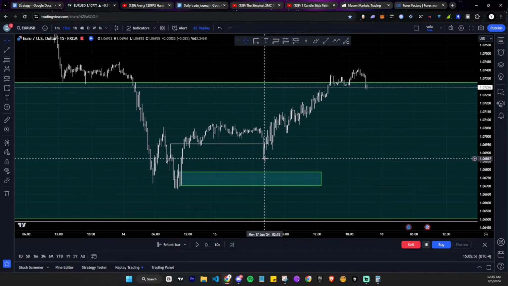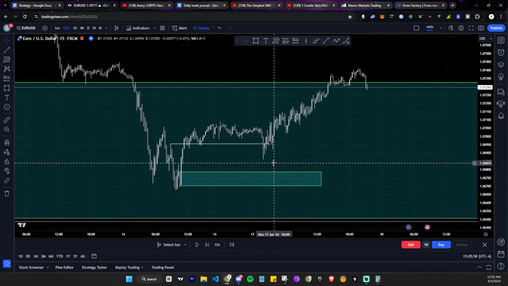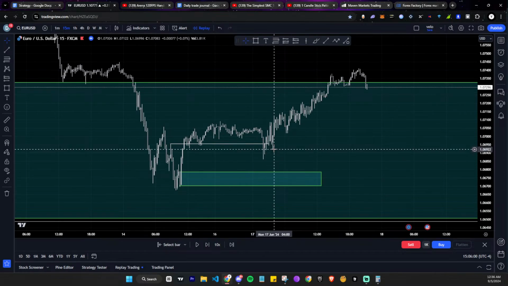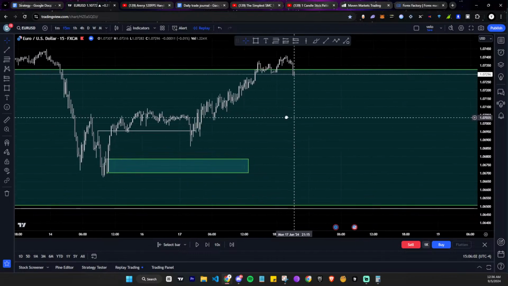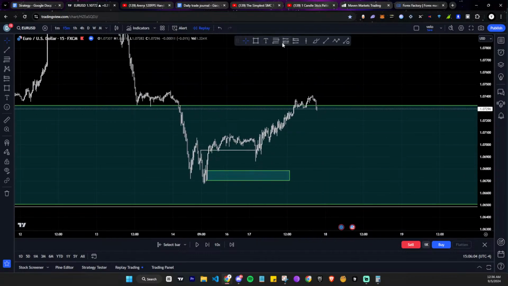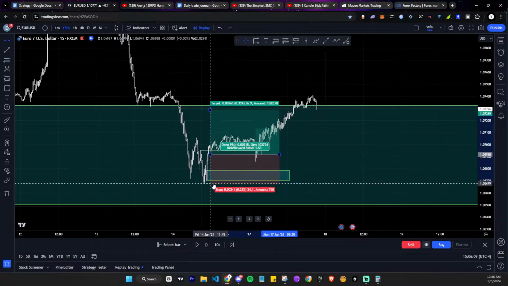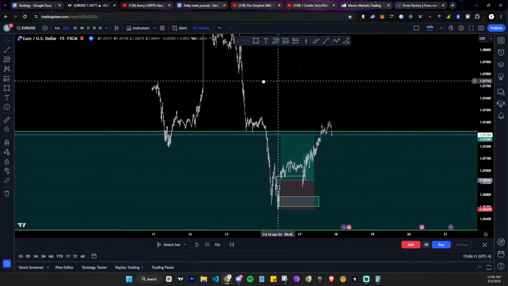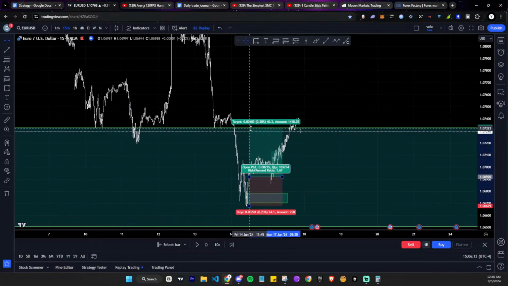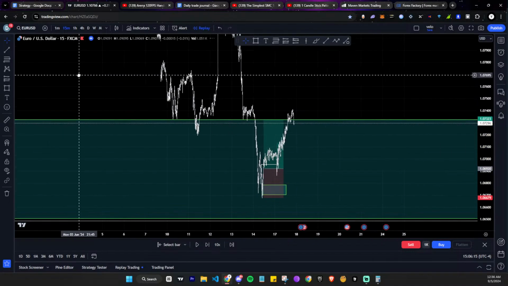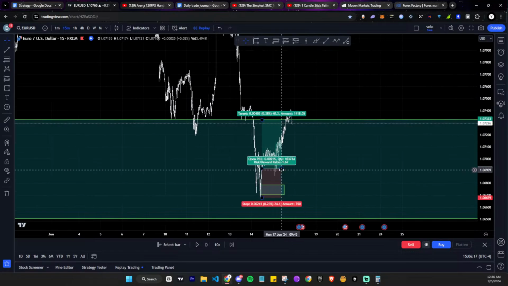This fair value gap is what it retested, this unmitigated fair value gap. Okay, assume we entered over here. See, we entry over here and we take this towards the high, the previous day's high. It goes and hits TP.